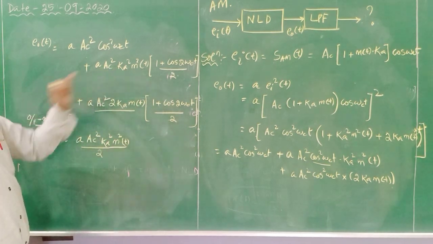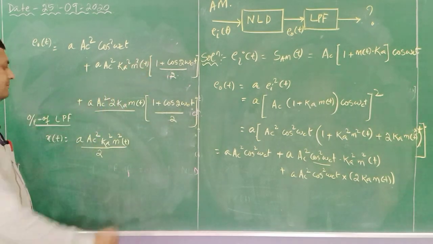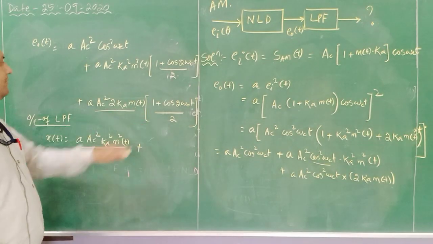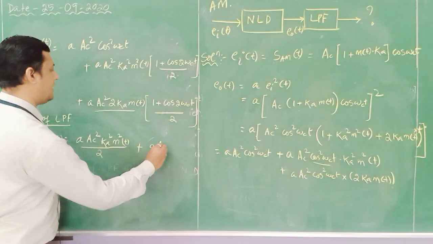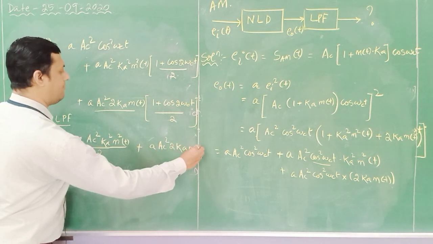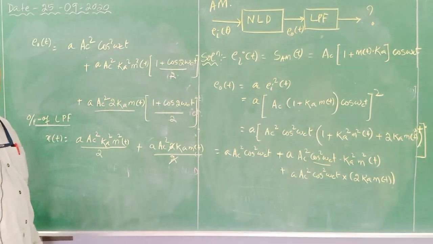This is the first function we get. And next is the harmonic component, again it is suppressed, plus next with respect to M of T divided by 2, so it is A into AC square 2Ka M of T whole divided by 2. These two get cancelled out.